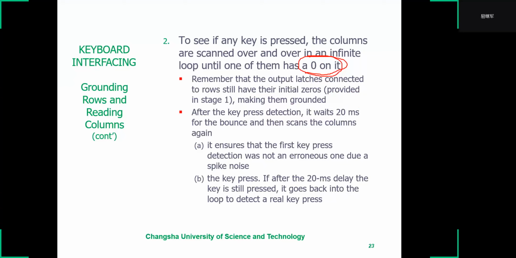It ensures that the first key press detection was not erroneous, due to spike noise. If after the 20 microsecond delay the key is still pressed, it is a real key press. If not, it goes back to the loop to detect a real key press.